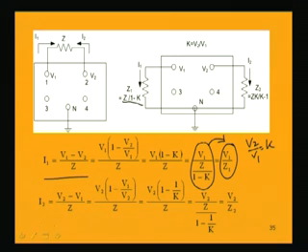Similarly, in the second case, we are getting V2 by Z by 1 minus 1 by K, where V2 is the voltage with respect to ground, and the denominator is the impedance Z by 1 minus 1 by K. So, obviously, the impedance between node 2 and ground is Z by 1 minus 1 by K, which can be written as Z into K by K minus 1.